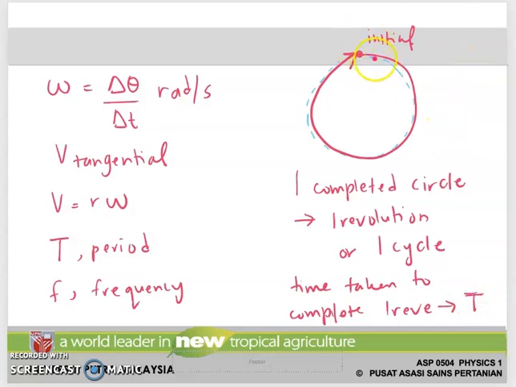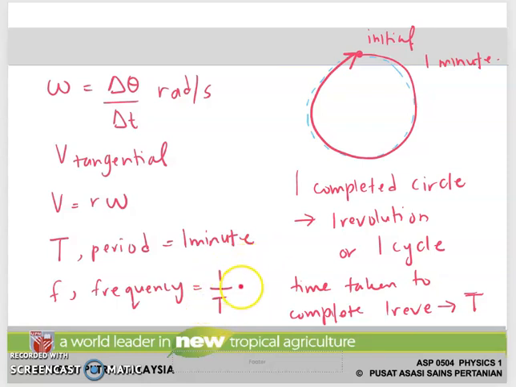So let's say for me to complete one whole rotation or one complete circle, it took me 1 minute. So my T is 1 minute. What is the frequency? Frequency is 1 over T. So this is just 1 revolution per minute.